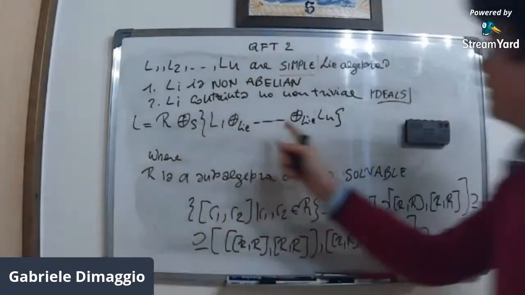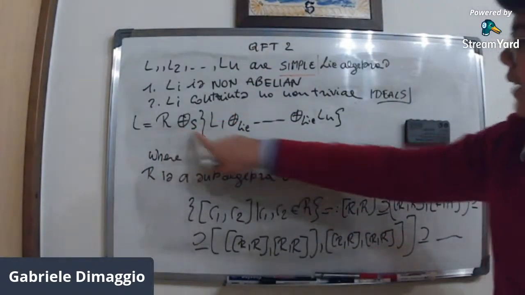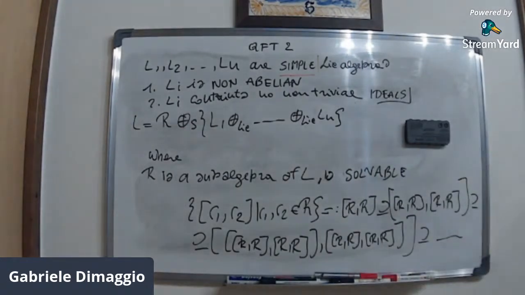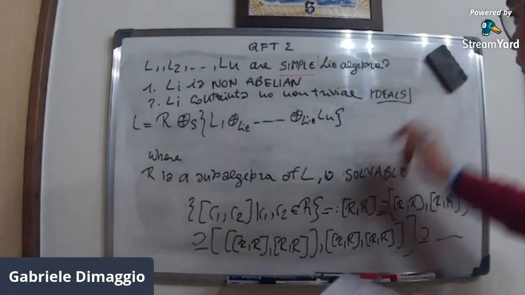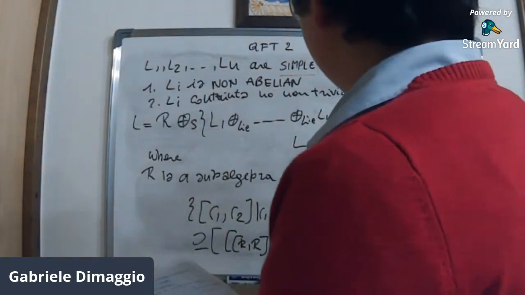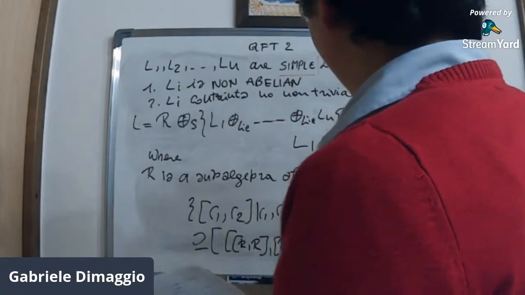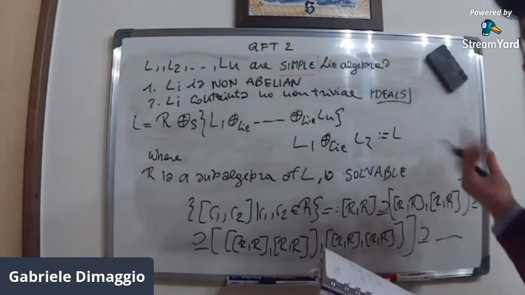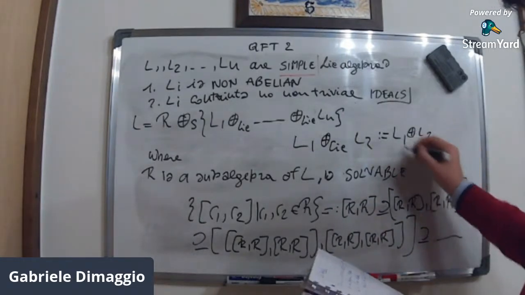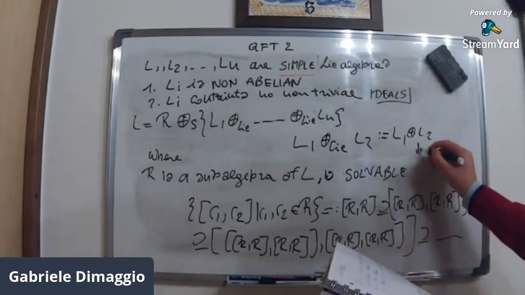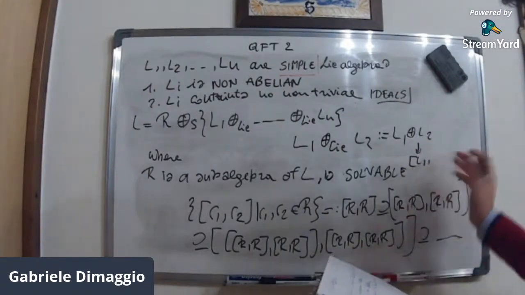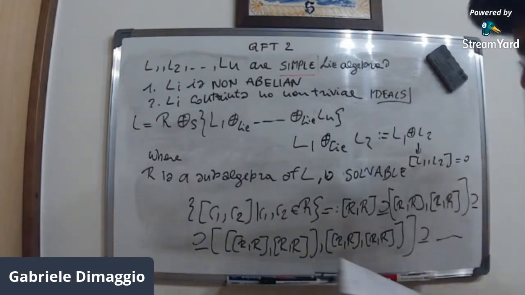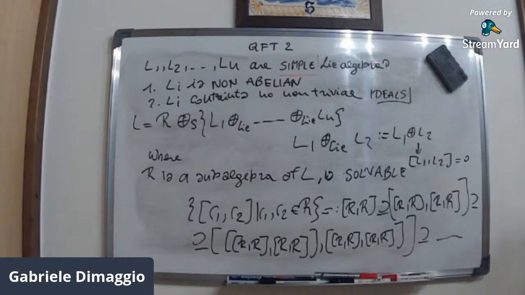What is this and what is this? L1 direct sum L2 is defined as the normal direct sum, and in this case the commutator between L1 and L2 is equal to 0.